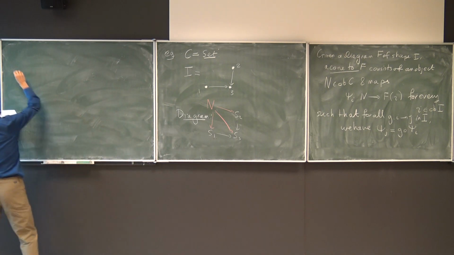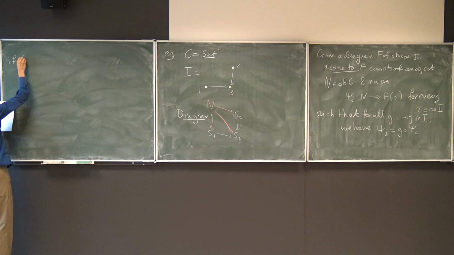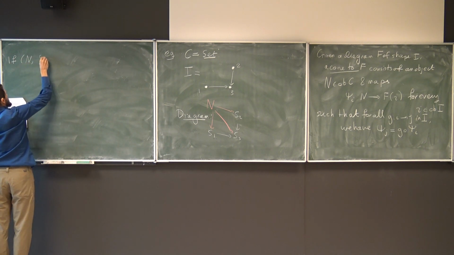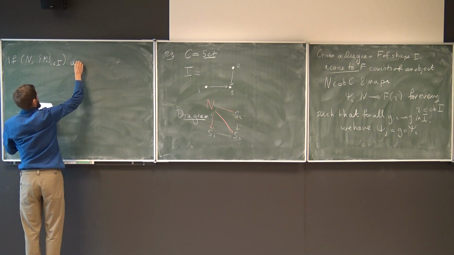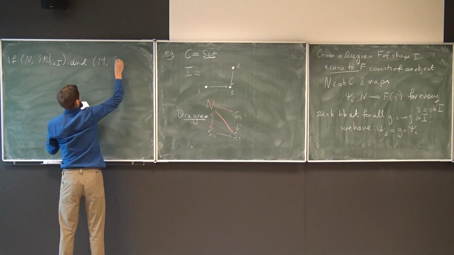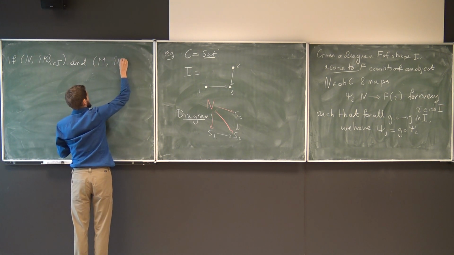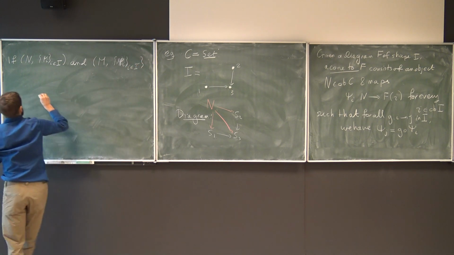So let me write this down. If, say, n and psi I is one cone, and this is another cone, say m and phi I, are two cones over f.